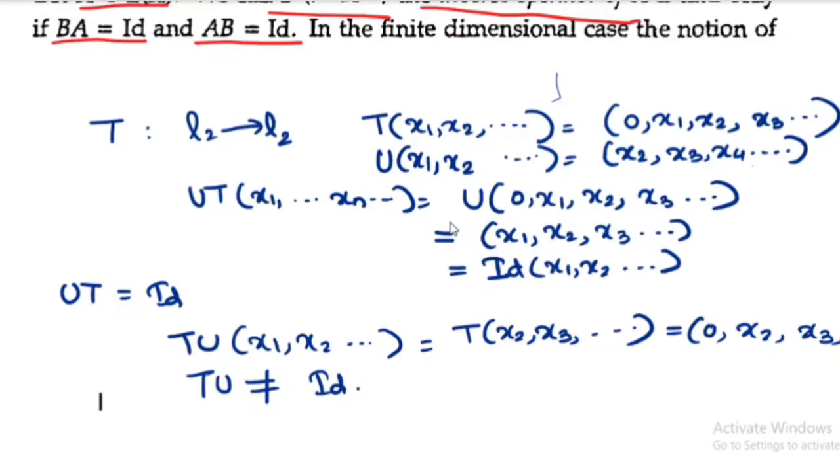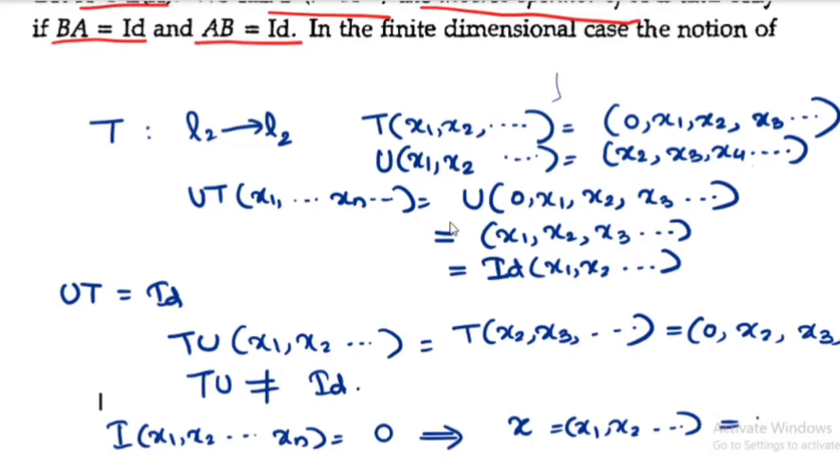Now if I is the identity operator, then clearly I of x1, x2, etc., xn equal to 0 implies x equal to x1, x2, etc. equal to 0.